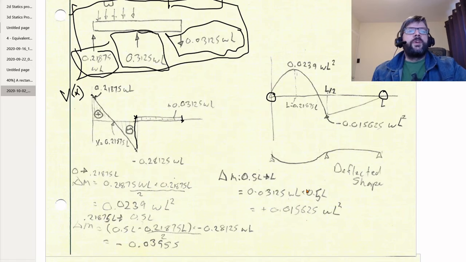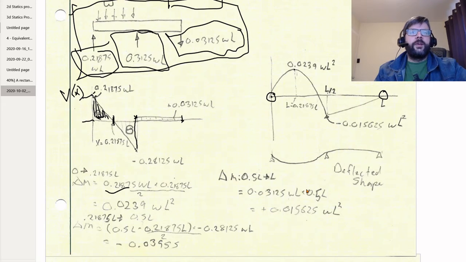So we can figure out what the change is from here to this value here just based upon the area of this triangle. So that'll be 0.21875 WL, which is the height of that triangle there.